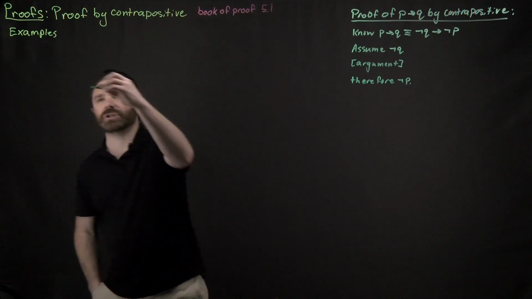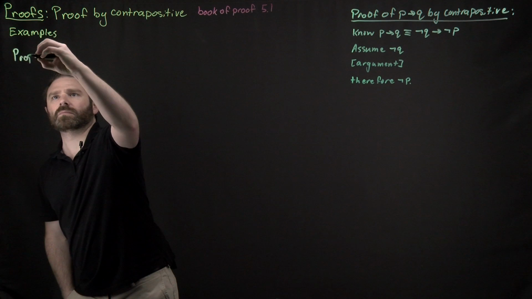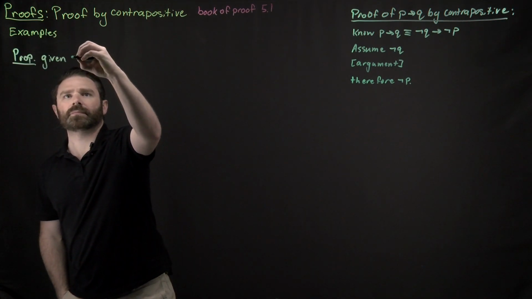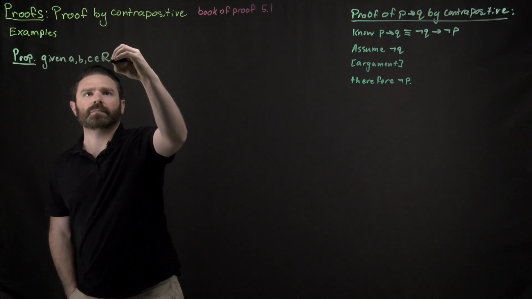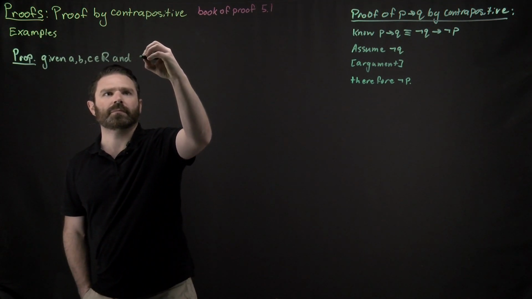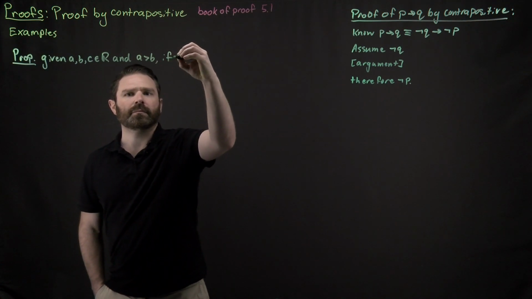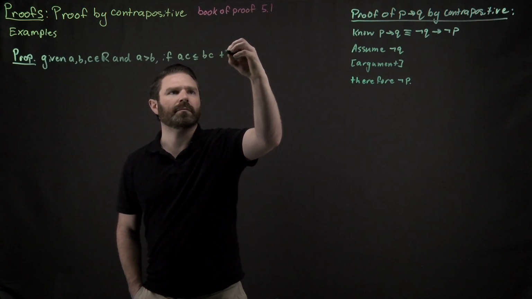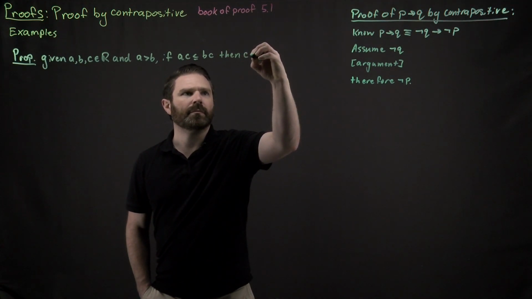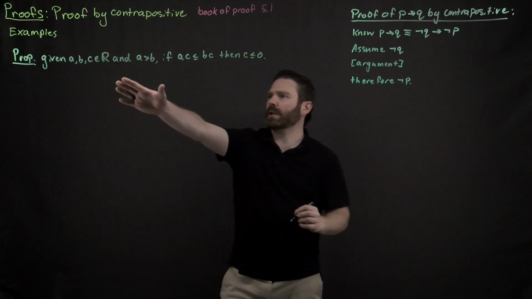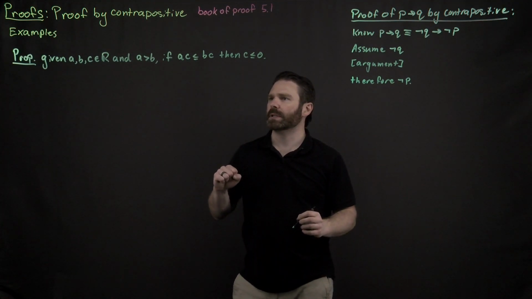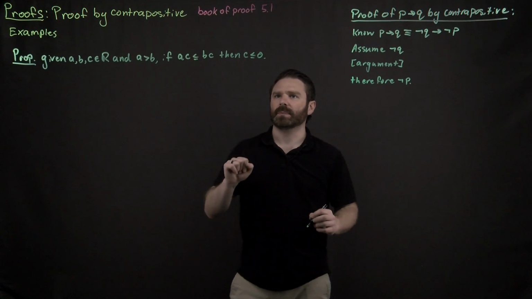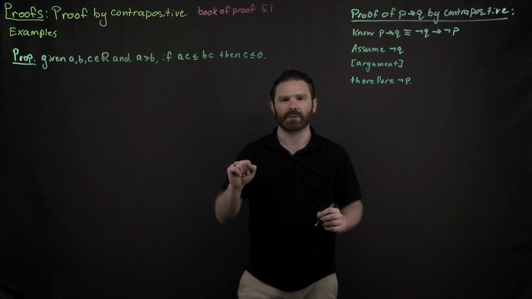So we had a proposition, and that proposition said, given A, B, and C real numbers, and A is greater than B, if AC is less than or equal to BC, then C is less than or equal to 0.